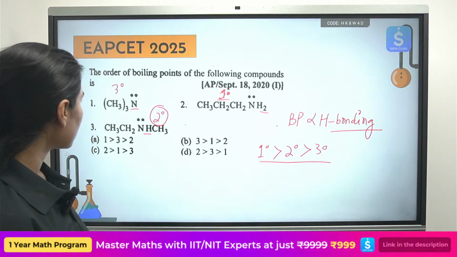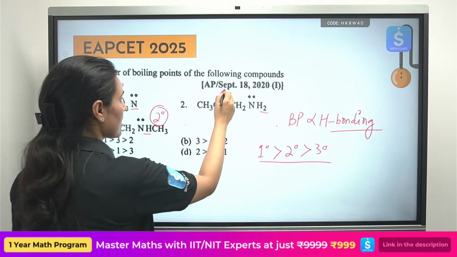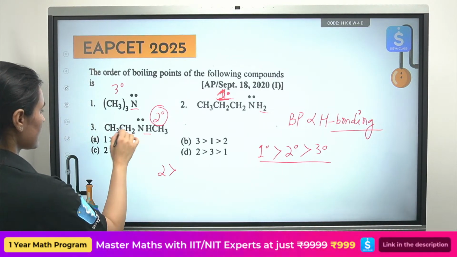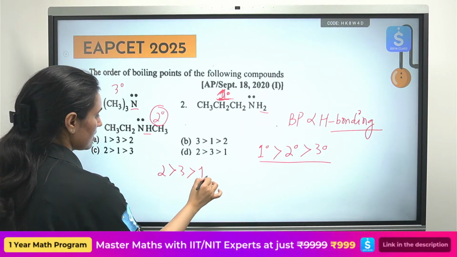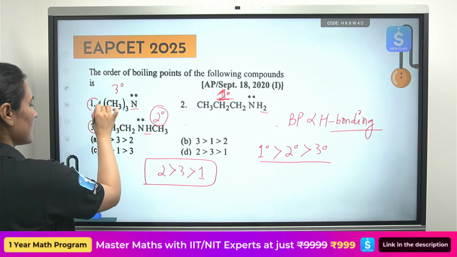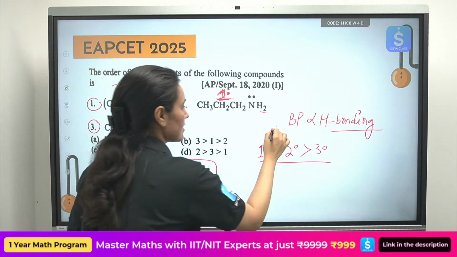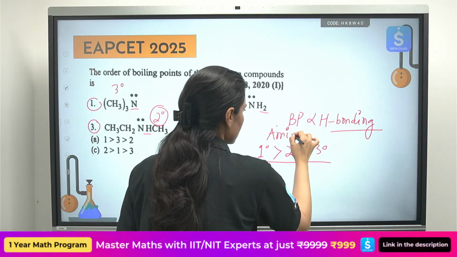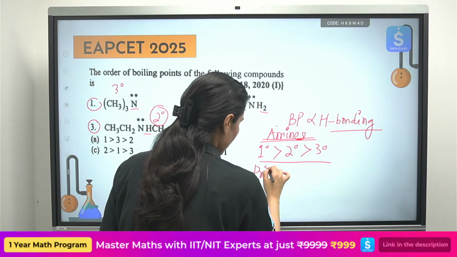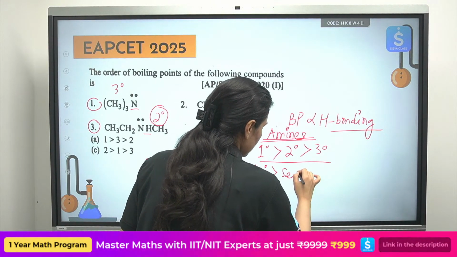So your correct order is, this is my primary amine, then secondary amine, and then these are the amines which are written. I'm not writing the degree here. This is the comparison of amines based on the type. I will write primary, secondary, and tertiary.